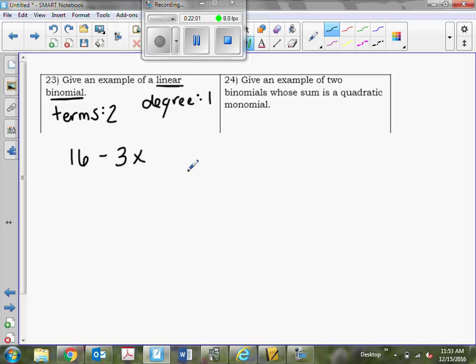Now, because it's telling me to have 2 binomials that create a monomial, that means that one of the terms must cancel, and the other term has to be a quadratic. And because I'm talking about sum, I am talking about the addition of them.